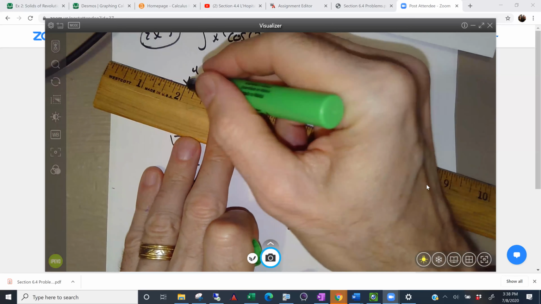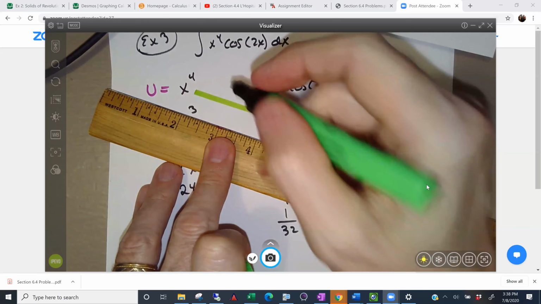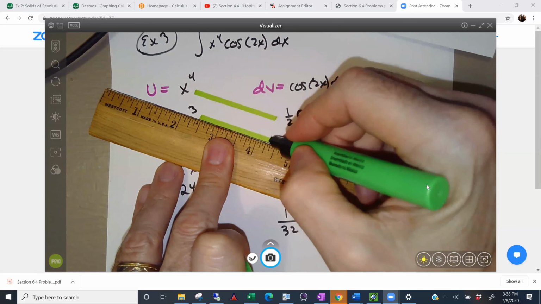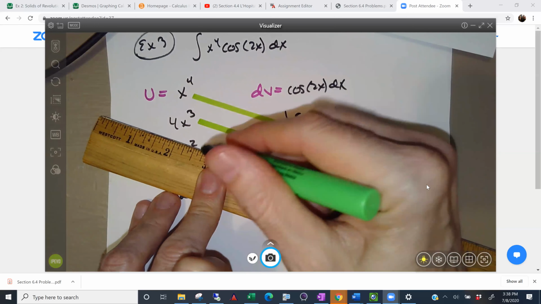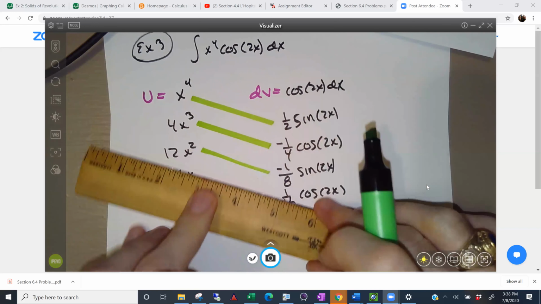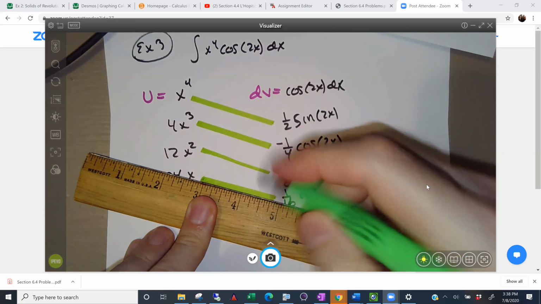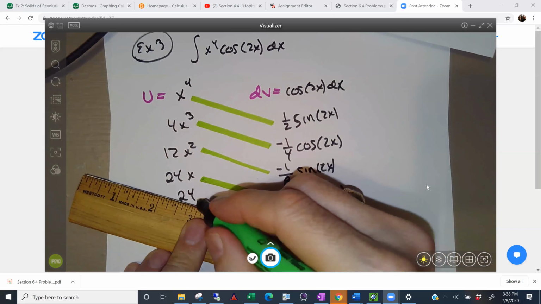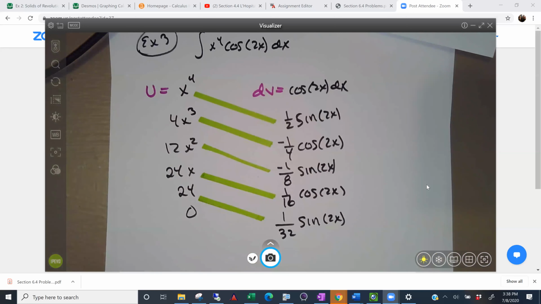Now, here's the trick. We're going to multiply all these together in this way. Now the question is, why can we stop here?